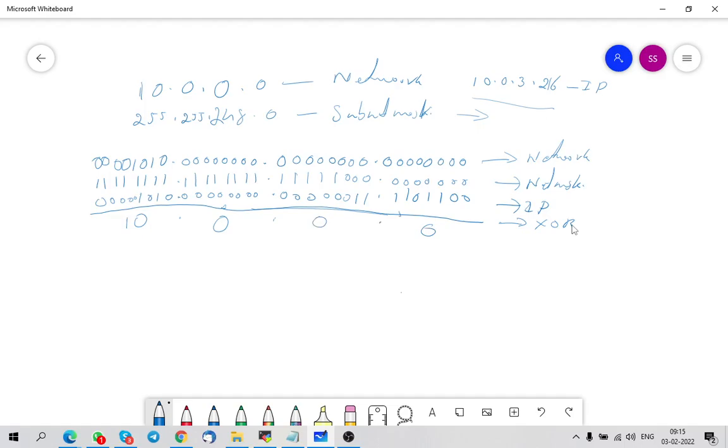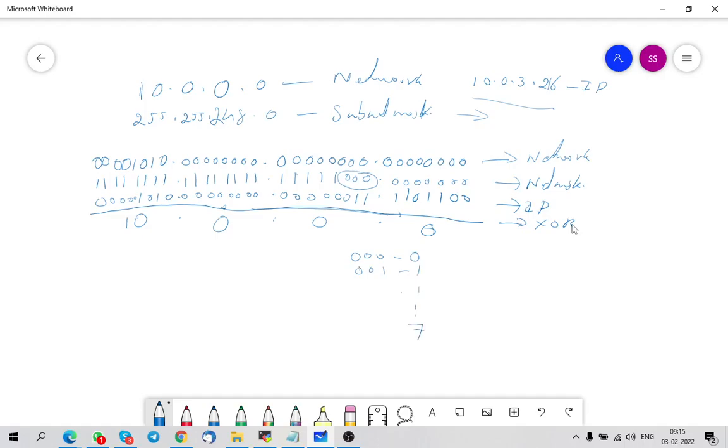The first part is called the network, and for the last, this part here can go up to 0 0 1, and like that it can go up to 7.